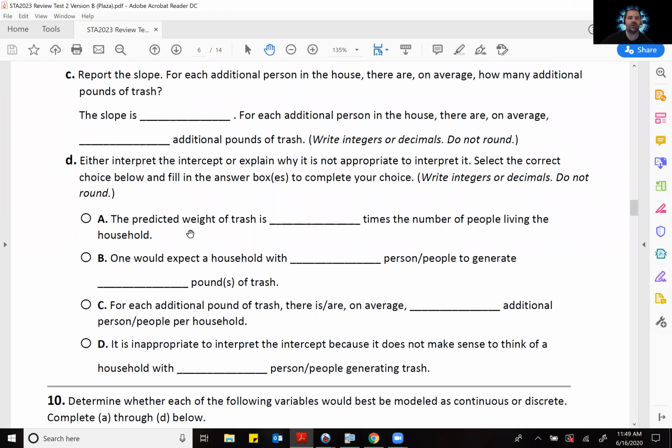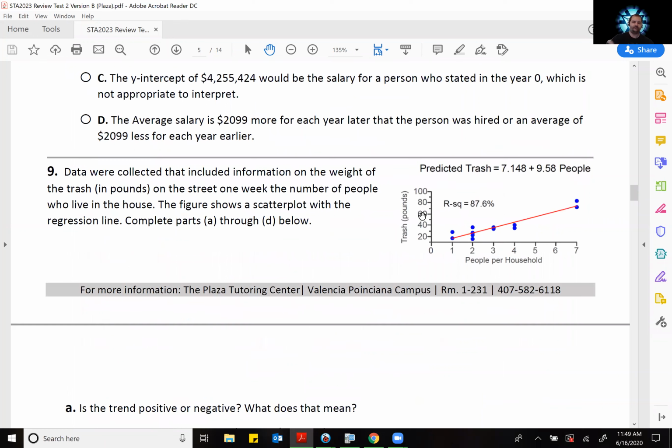All right, D. D says interpret the intercept, and explain why it is not appropriate to interpret. All right, so what is our intercept? 7.18. And what does that mean? That's at 0. So 0 what? 0 people.